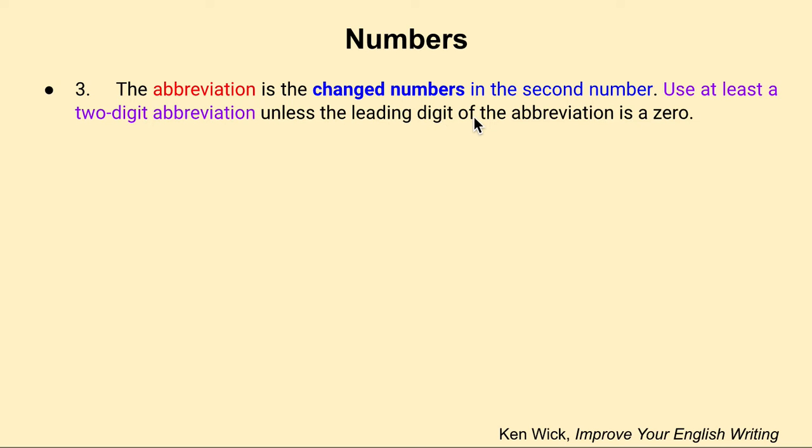So you would not write 08 for an abbreviation, just write 8. So let's look at some examples. If the range was 1997 to 2003, this obviously date range, there would be no abbreviation.